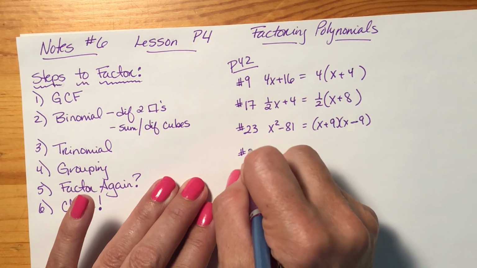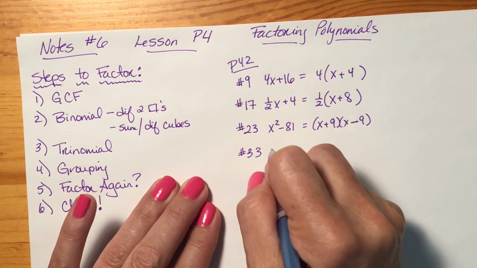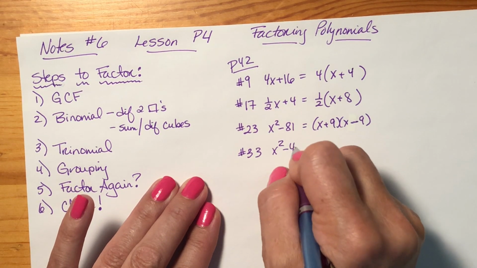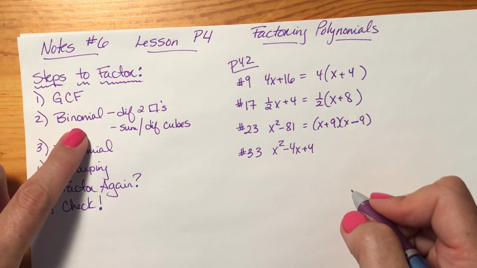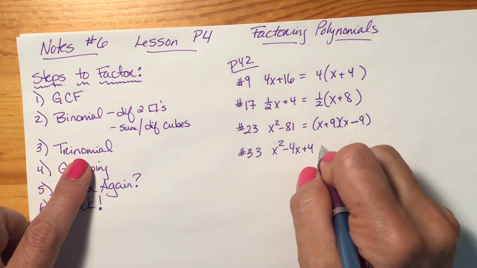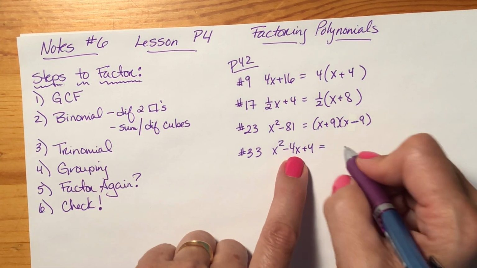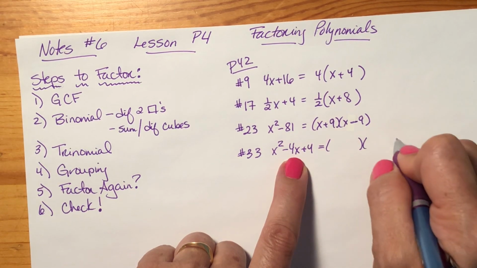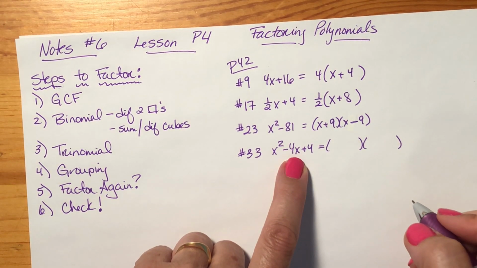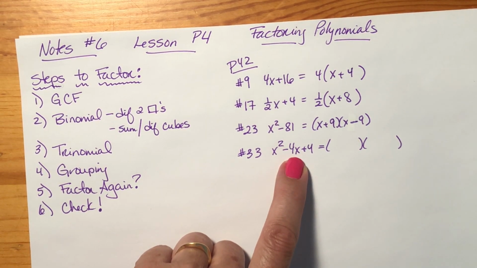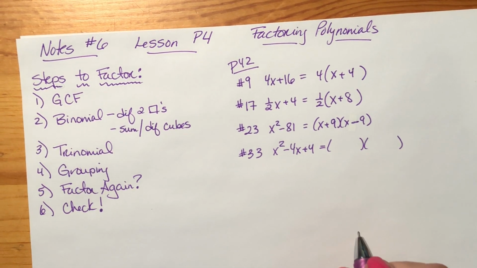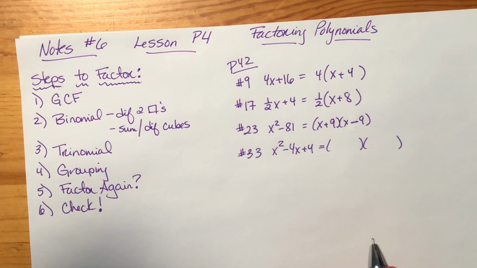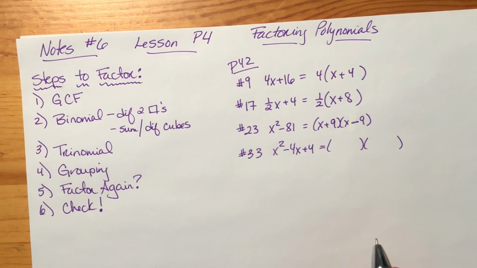Let's do number 33. I have x squared minus 4x plus 4. All right, going through my steps. GCF, no. Binomial, no. I've got my trinomial, so I'm going to go to my trinomial factoring. You probably have lots of different methods to factor a trinomial. Personally, I just learned to look at it and let the numbers talk to you. I know that's not a good algorithm, but you have such a strong number sense.